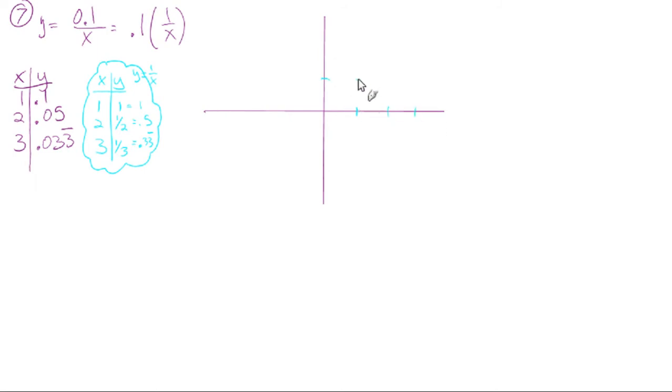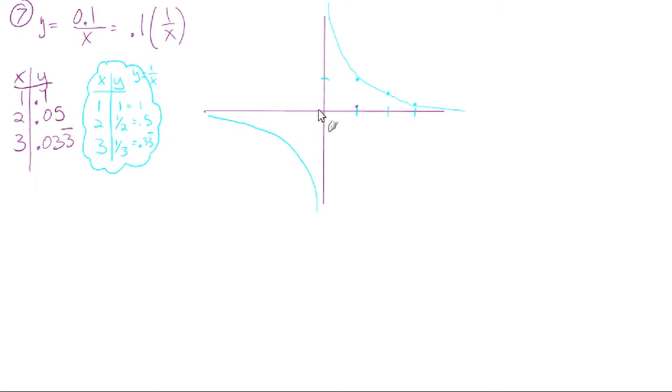So 1, 1, 2 and 1/2, 3 and 1/3. So this graph's going to look something like this, and then we'll get the mirror image over here. This one, though, 0.1 over x, we get 1 and 0.1, 1 and 1/10. That's very small.